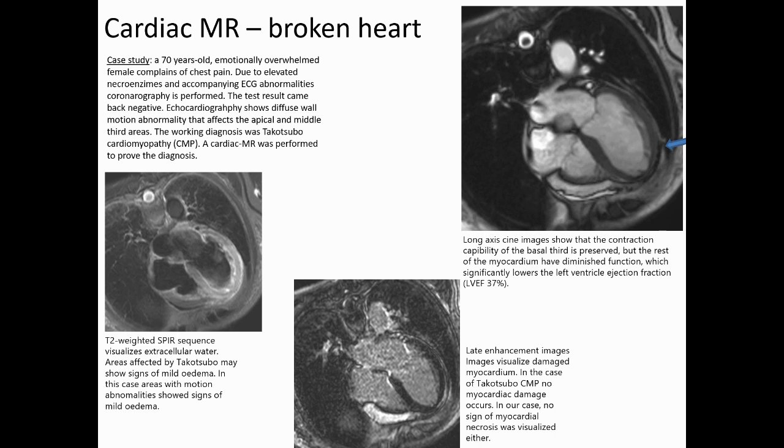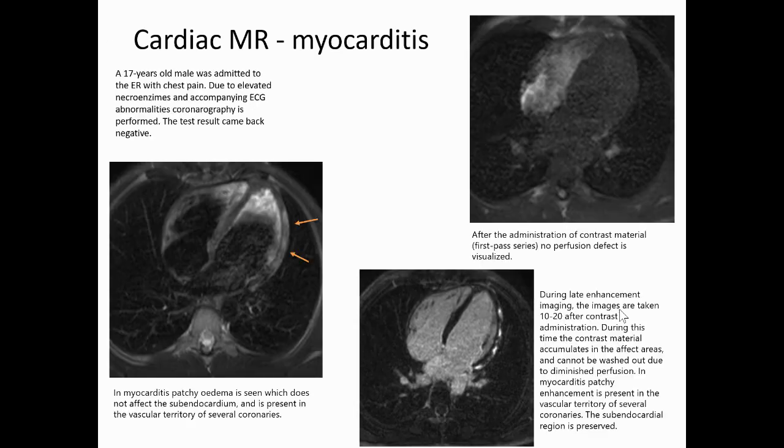So this is proof that our brain can actually affect our bodies, because a lot of these patients with broken heart syndrome suffer a serious psychological trauma, or they go through a period of depression, and they can have heart symptoms, and as you saw, necroenzyme and ECG abnormalities as well, but the MR is diagnostic that they don't have an infarct.